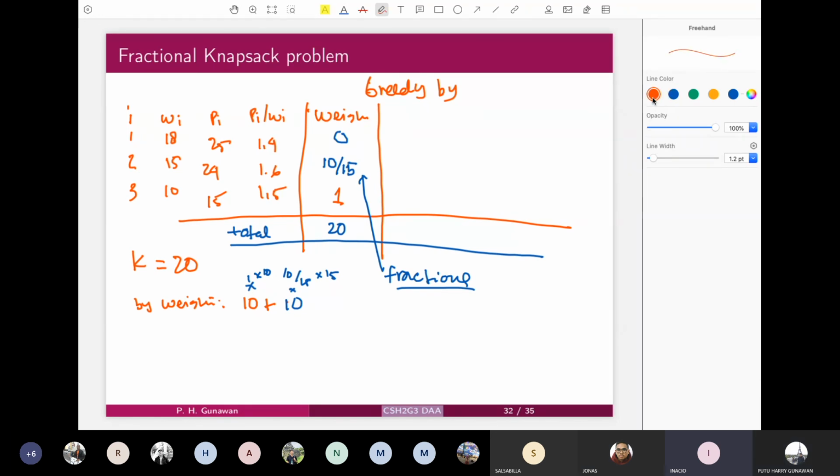Now by profit. The idea is reversed from weight, so we choose the largest one. I choose this one. By profit, the weight is 15, and the rest is 2.